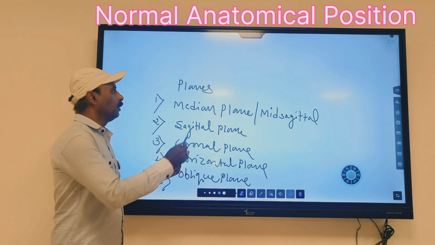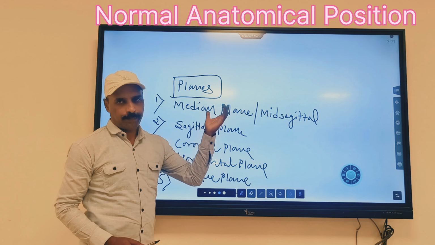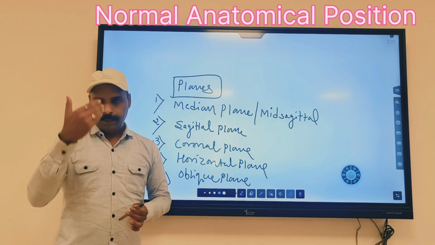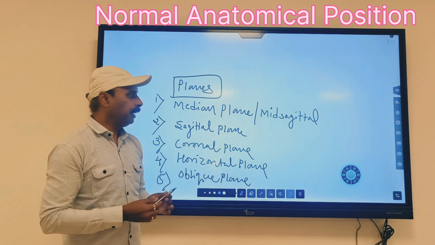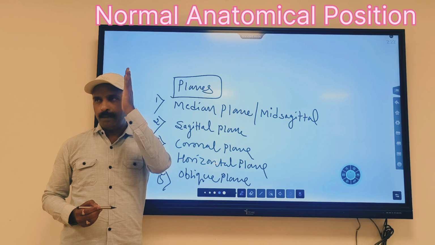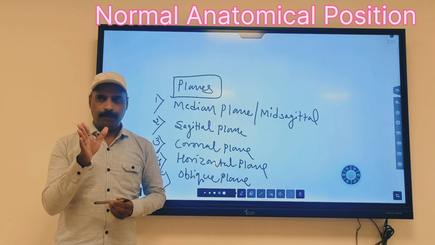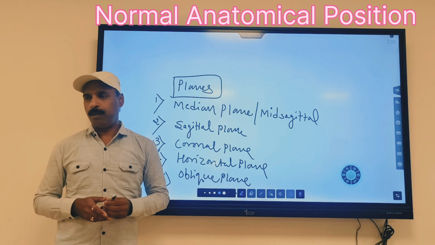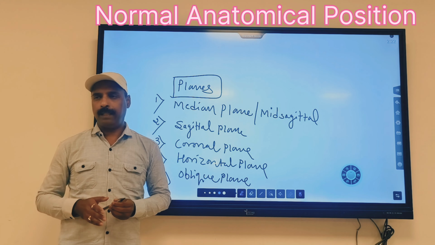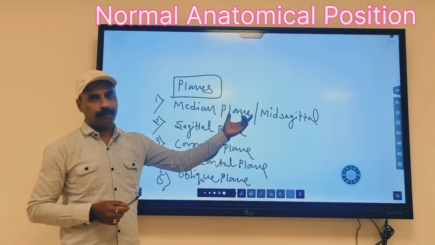In this you have to remember the first one, the median plane. It is the plane which divides the body into two equal parts passing through the midline. When the body is in the standing erect position and the plane passes exactly through the midline of the body, dividing it into two equal halves, we call it the median plane or mid-sagittal plane.